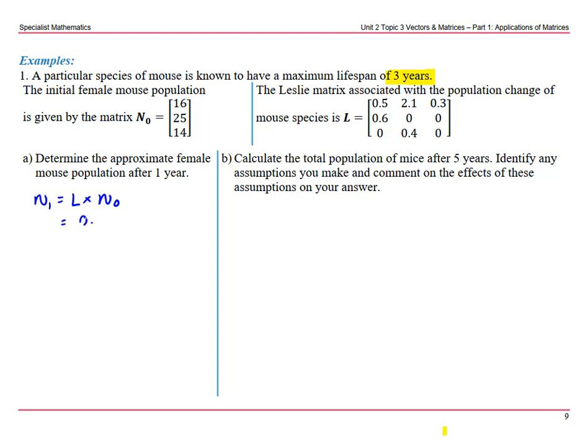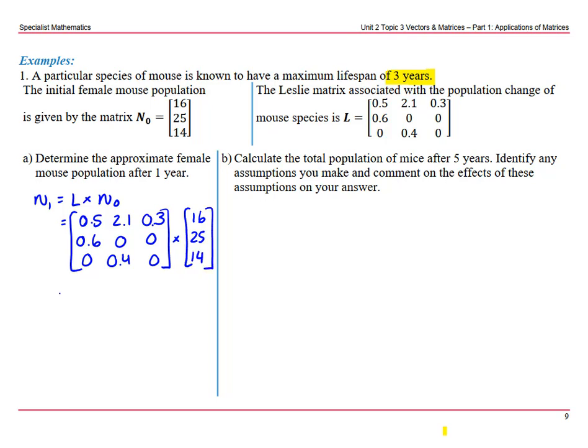So 0.5, 2.1, 0.3, 0.6, 0, 0, 0, 0.4, 0, times 16, 25, 14. Going to your calculator, you get approximately 65, 10, and 10.